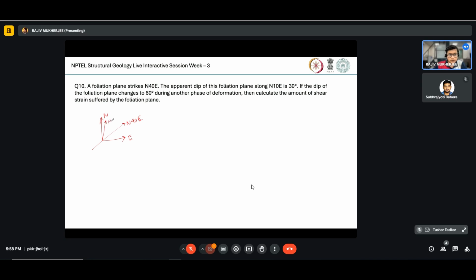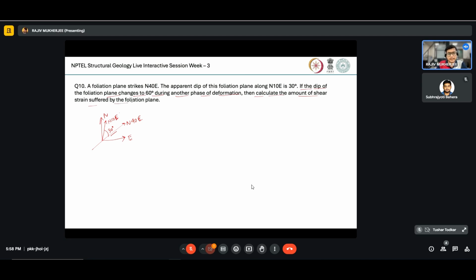So we are already getting the information that there is a deviation of 30°. Very good. If the dip of the foliation plane changes to 60° during another phase of deformation, then calculate the amount of shear strain suffered by the foliation plane.